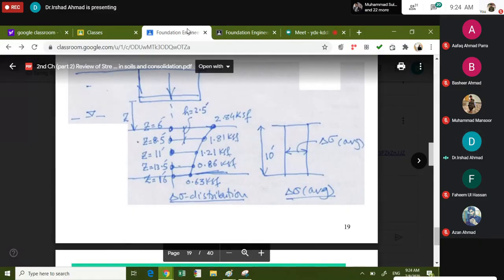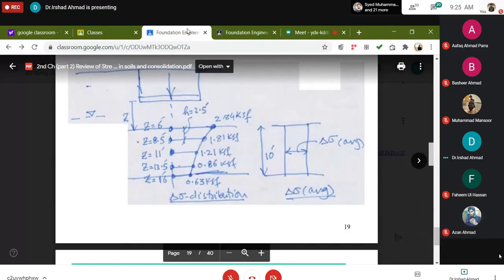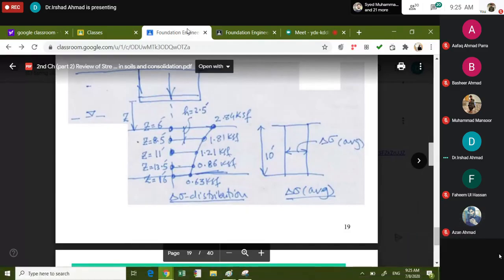Okay, Mr. Hamidullah, tell me from Boussinesq equation, what is the stress at mid depth? जी हामिदुल्ला, आप बताएं. बस छोड़े हामिदुल्ला, आपने बहुत देर कर ली. It is 1.21.